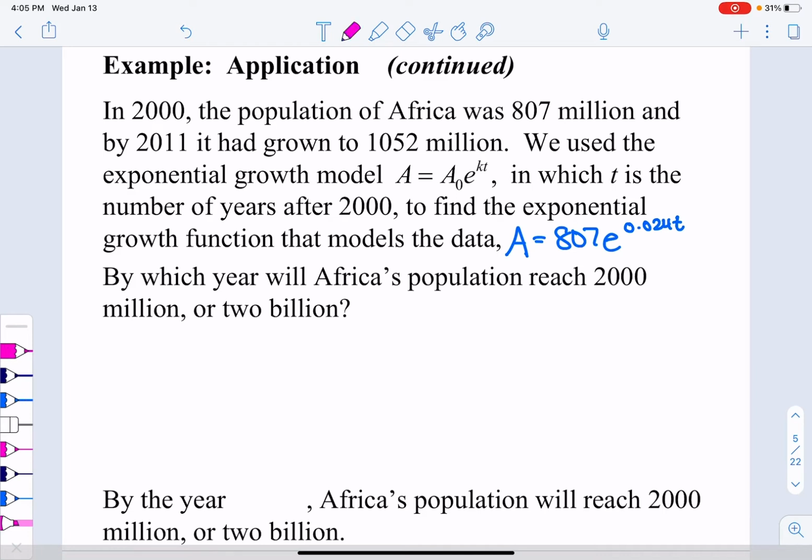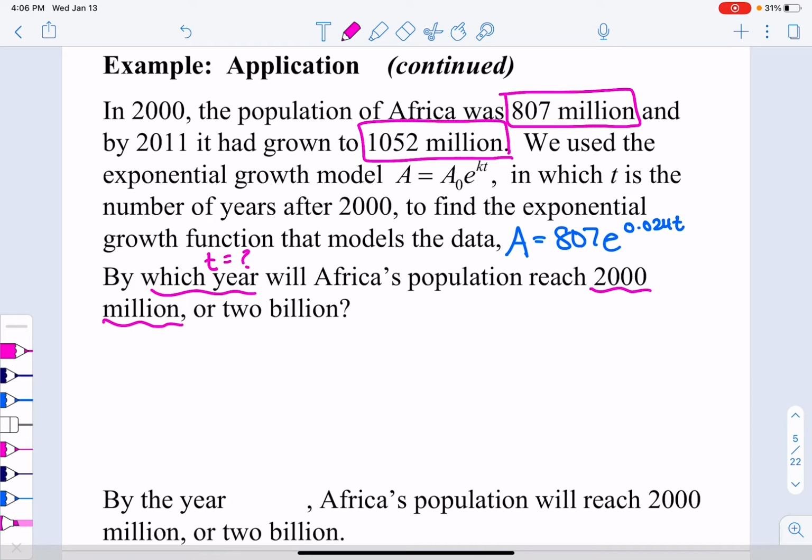So we want to figure out by which year, our unknown is going to be time, how much time is going to go by until we reach 2,000 million, also known as 2 billion. The reason they wrote that as 2,000 million is because it initially referred to Africa in terms of millions. So that's why we're leaving it as millions and not taking it to the billions.